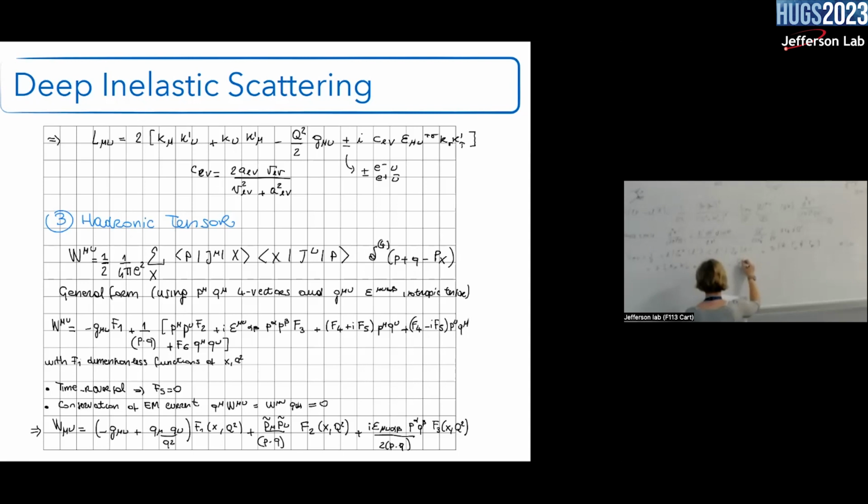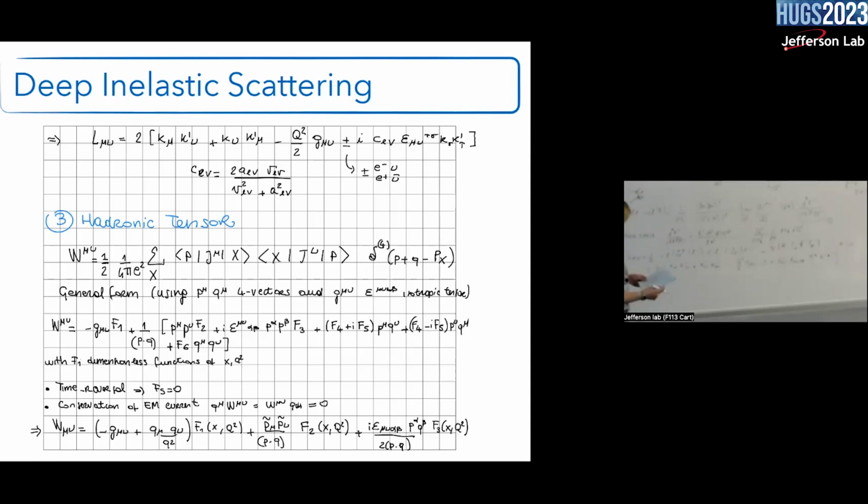Again, for your exercise, if you also have the axial bit as you have for the W and the Z, you have an extra bit here, which is plus or minus i, a coefficient that I'll tell you in the exercise, and then epsilon mu nu alpha beta K alpha K prime beta. This is the Levi-Civita antisymmetric tensor. Good, so we are done.